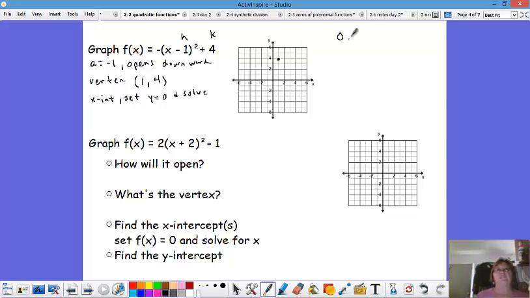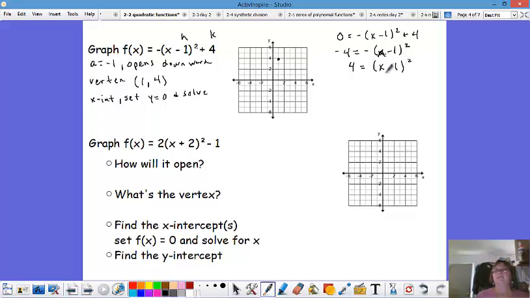Solving the equation, 0 equals the opposite of x minus 1 squared plus 4. Solving for x, I'd have to subtract 4 to begin with. Negative 4 is equal to the opposite of x minus 1 quantity squared. Dividing both sides by -1 would give us 4 equals x minus 1 squared.